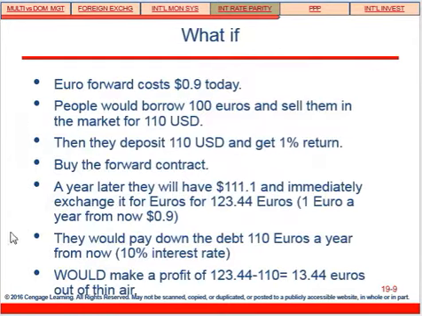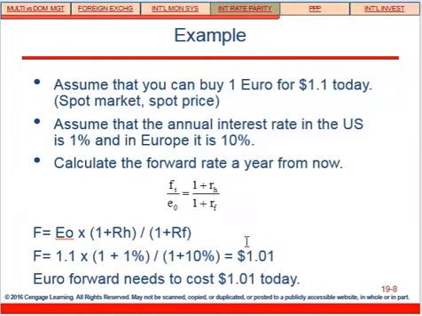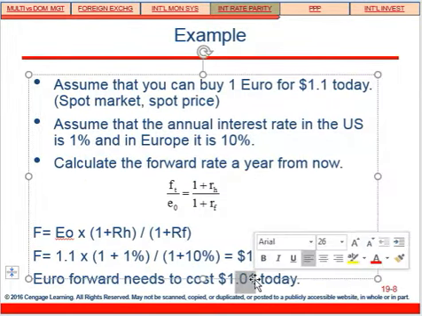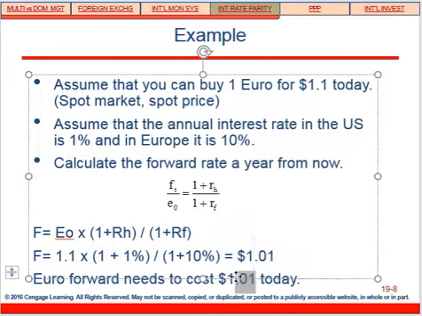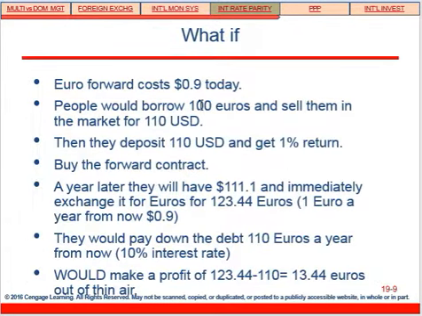Let's assume that the euro forward would cost, just as an example, 0.9. So it's not 1.01. It's deviating from that, to 0.9. Now what will happen if the forward cost is like this? People would immediately borrow. They will see this opportunity.